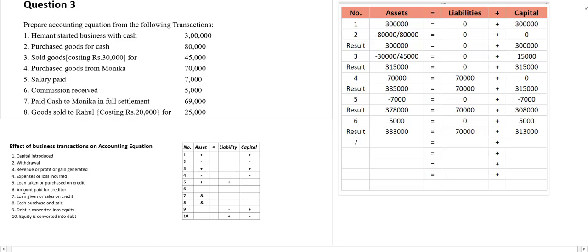Where is this first transaction recorded? Cash paid to Monica. Any amount paid to creditors is point number 6.